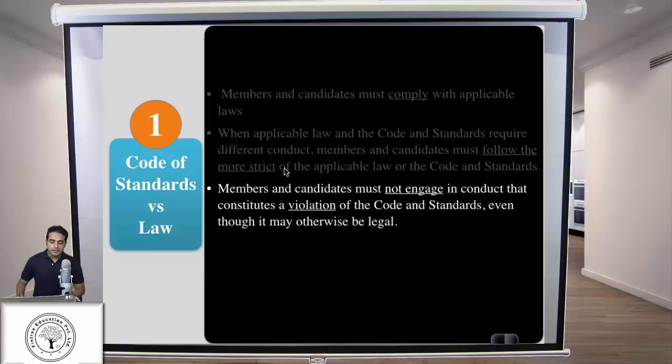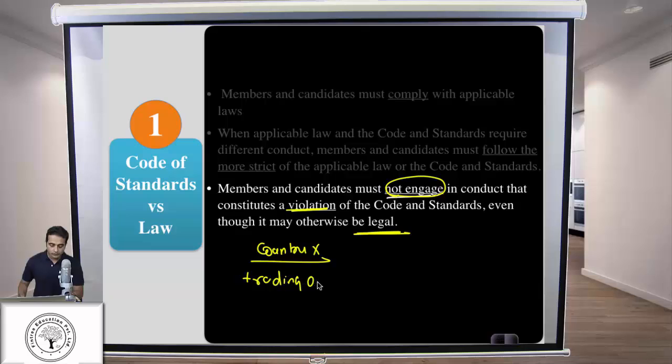Now, members and candidates must not engage in any conduct that constitutes a violation, even if it's otherwise considered legal. So again, the same example. You're staying in country X. Country X says trading on insider information is okay.